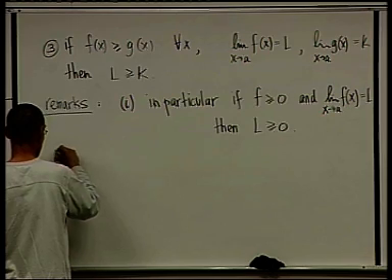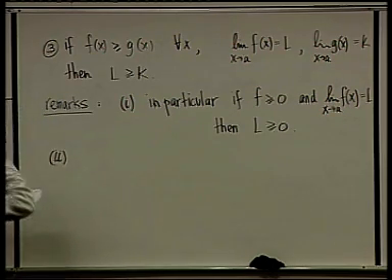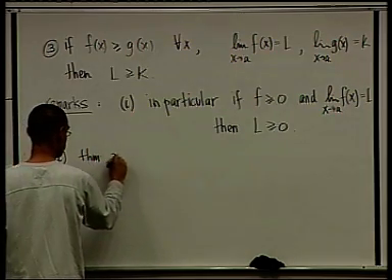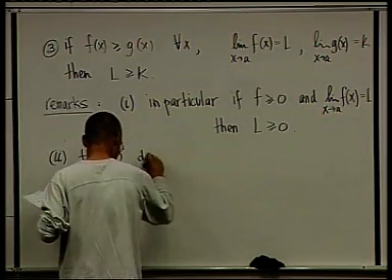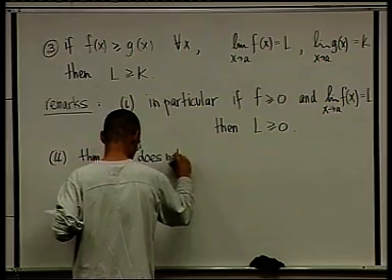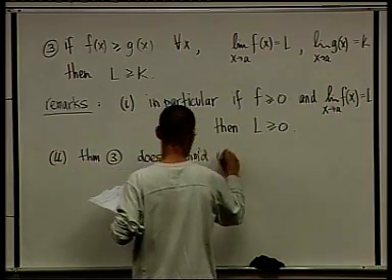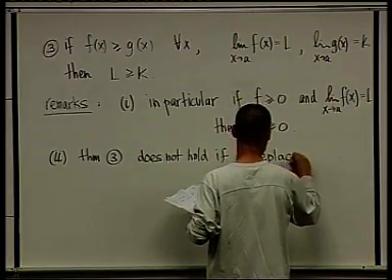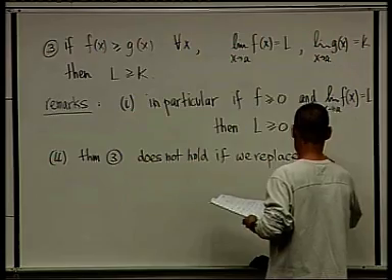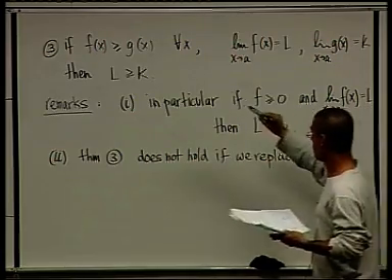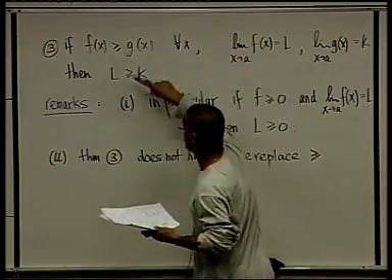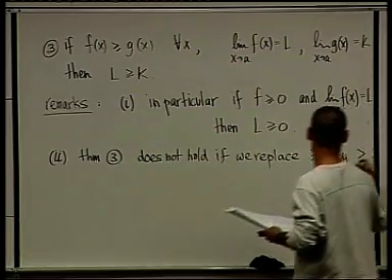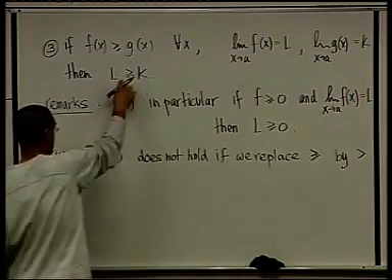The second remark, theorem 3 does not hold if we replace greater than or equal to, where it appears, so here and here, by strictly greater than, here and here.